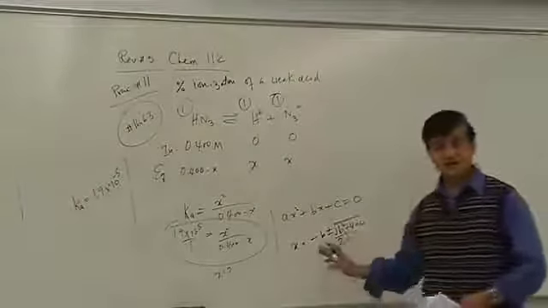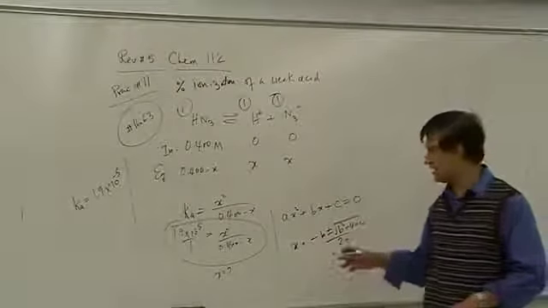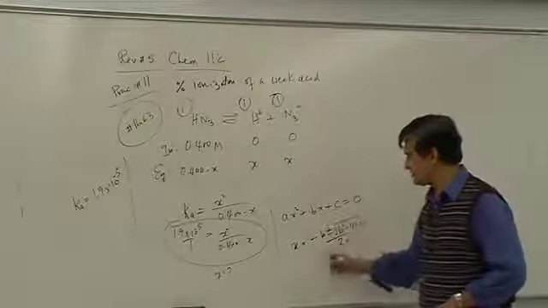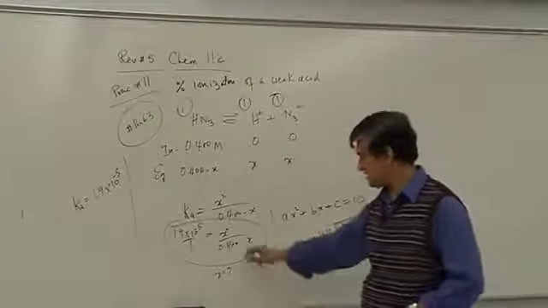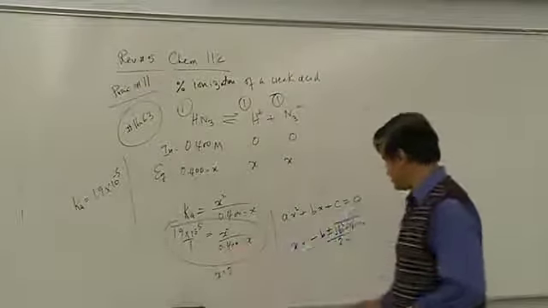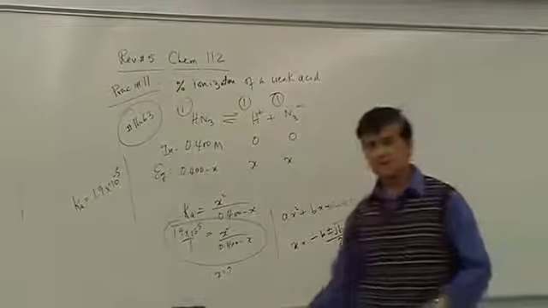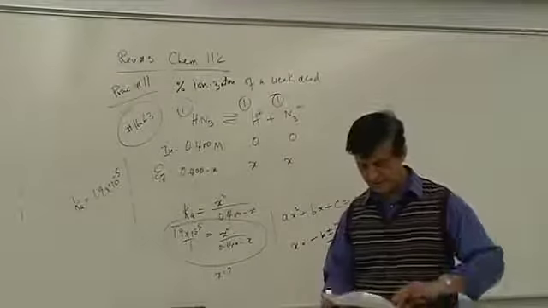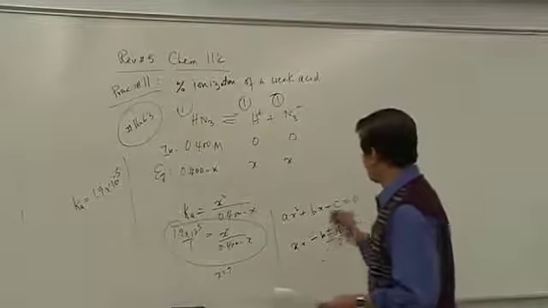Again, I was telling you that in over 90% of the problems given in your book, you don't have to solve by this method. Maybe in small percent cases, like in this case, you'd find that x value would be more than 5% of this number. So to be more accurate, you'll have to solve by this method or using your engineering calculator, scientific calculator, you'll be able to solve it. Now let's give you the answer now.